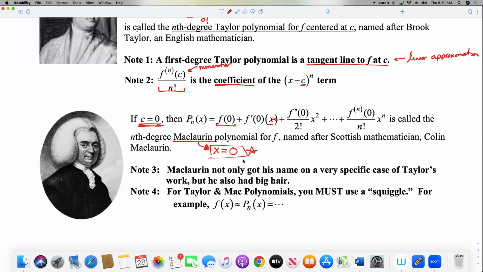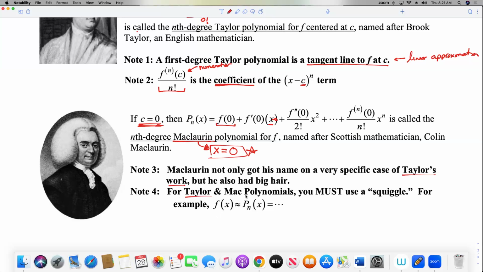Maclaurin basically just expanded on Taylor's work, or rather Taylor expanded on his work and allowed us to center at any point. So Maclaurin not only got his name on a very specific case of Taylor's work, but he also had big hair. He basically just copied Taylor and said, oh, look, if it's a 0, then you don't have to add the center every single time.